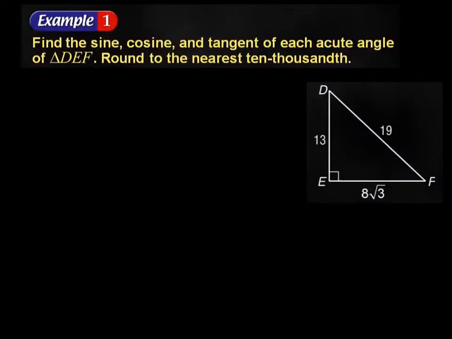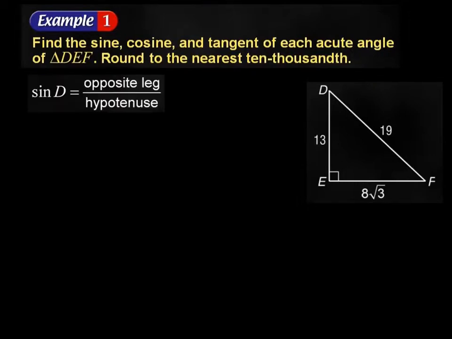Find the sine, cosine, and tangent of each acute angle of triangle DEF, rounding to the nearest ten-thousandth. For angle D, sine is the ratio of the side opposite over hypotenuse. So the side opposite angle D is 8 square root of 3, over the hypotenuse, which is 19.